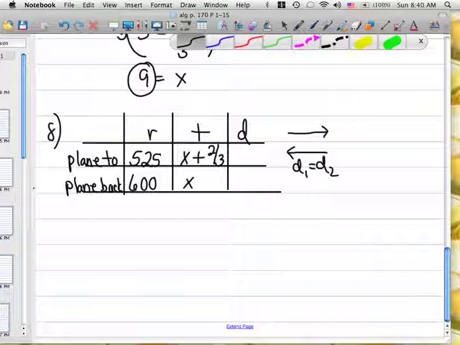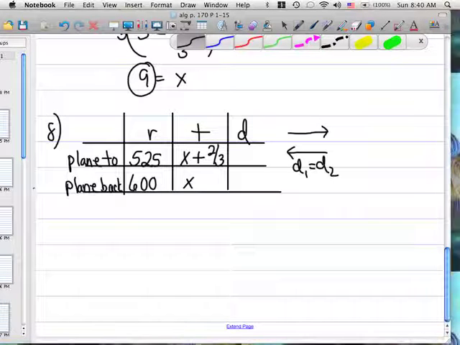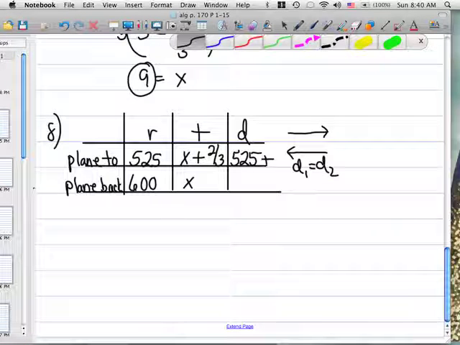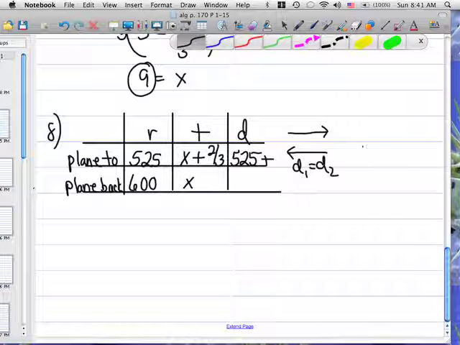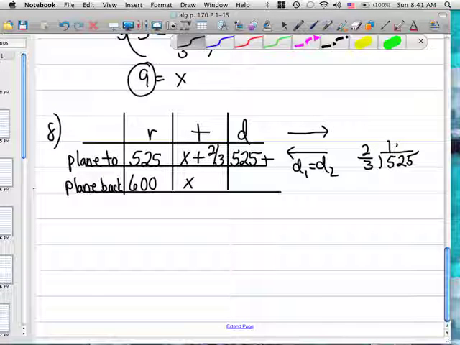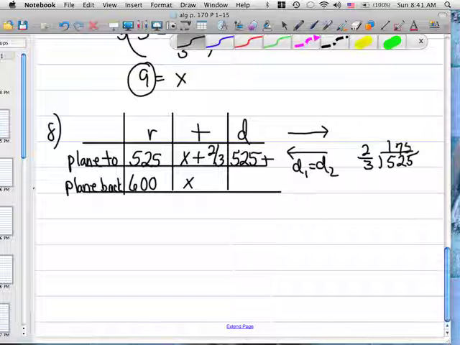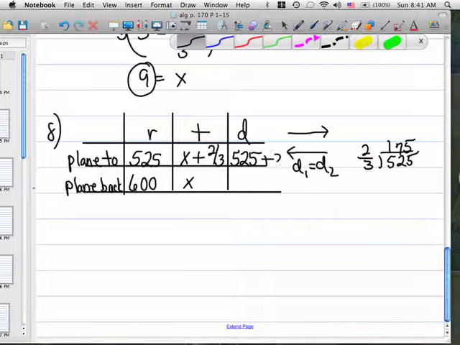So the distance of the plane going to Los Angeles was, use your distributive property, 525x plus 2/3 of 525. That's 175. 2 times 175 is 350.